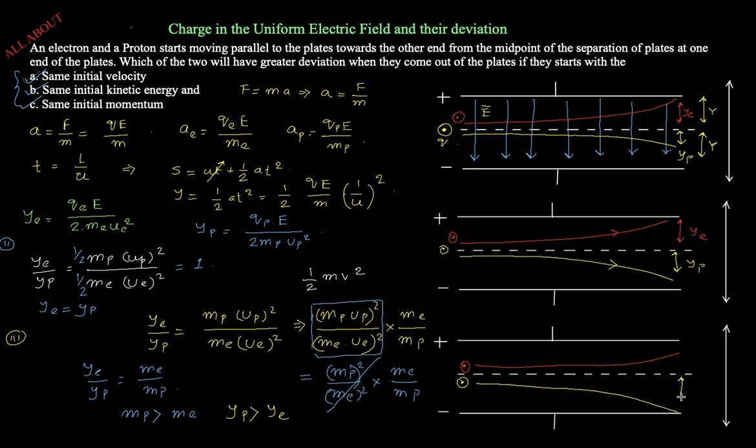That means this is YP and this is YE, and YP is greater than YE. That means depending upon the initial conditions, the deviation through the electric field is dependent.